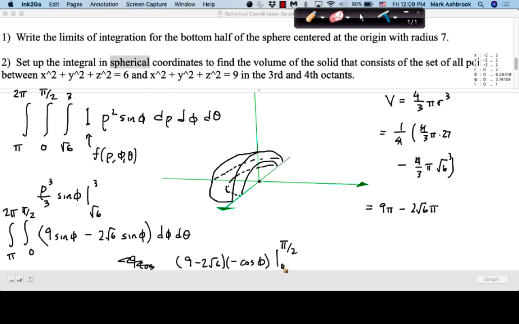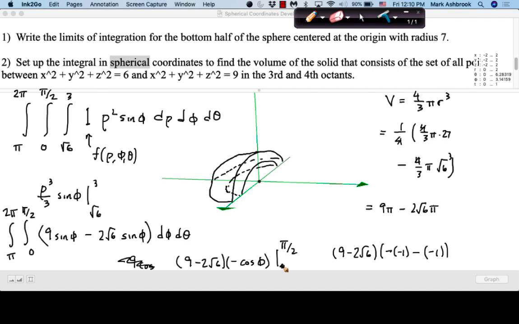Negative cosine of pi over 2 would be positive 1, and negative cosine of 0 would be negative 1, so what would we get there? We're going to get negative 1 minus negative 1.